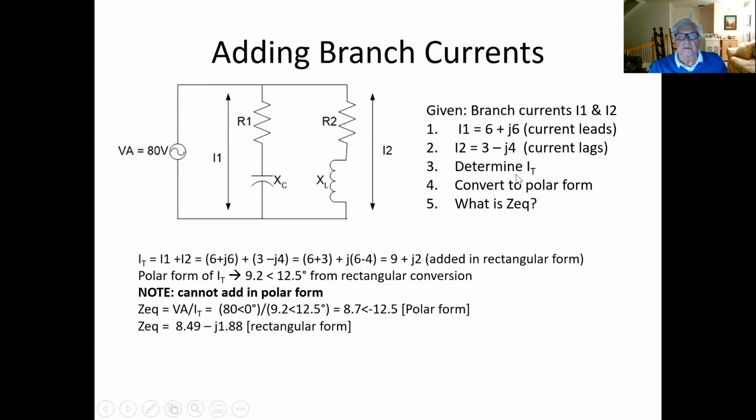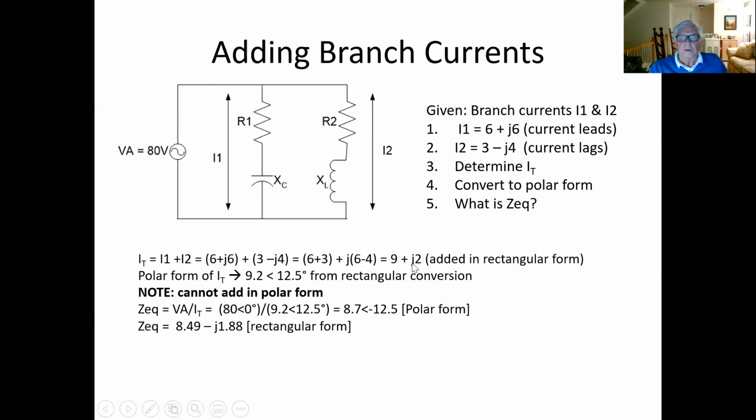Determine IT, the total current, convert to polar form, and find what Z equivalent is. So I total is going to be equal to I1 plus I2. So take the rectangular numbers and add them together to get 9 plus J2.